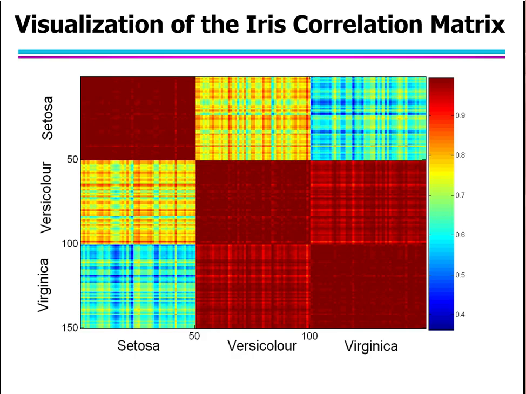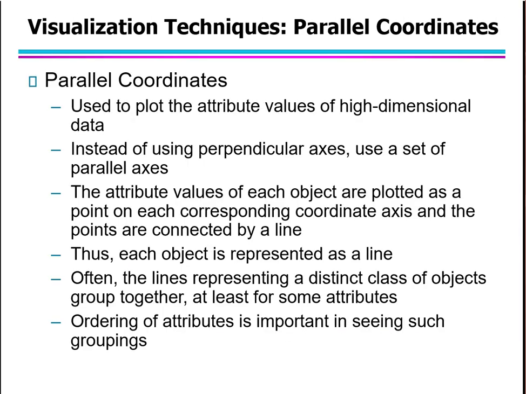Thus, each object is represented as a line across all the parallel axes. Often, lines representing objects from the same class will group together. At least for some attributes, the ordering of the attributes is important in seeing such grouping.